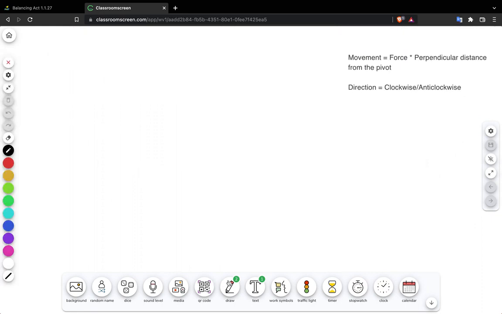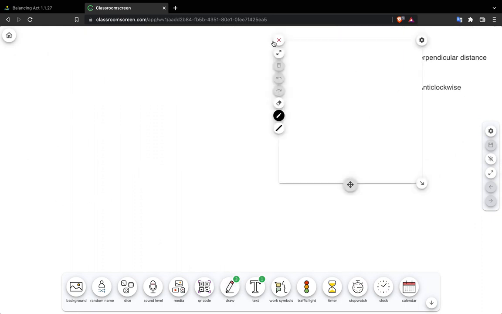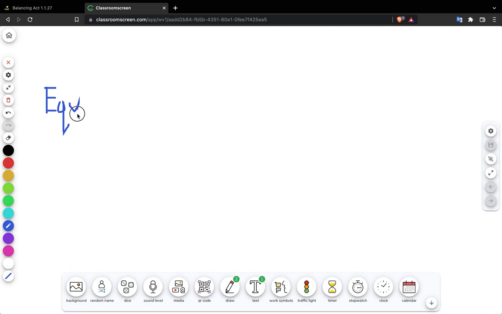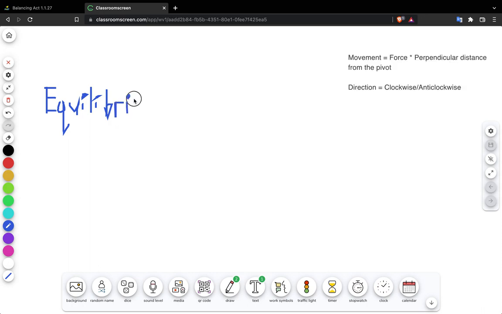Now, what is this word? Just gonna write down a word. Equilibrium. Now, what does this word mean?